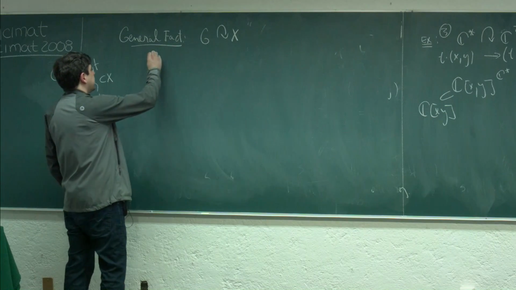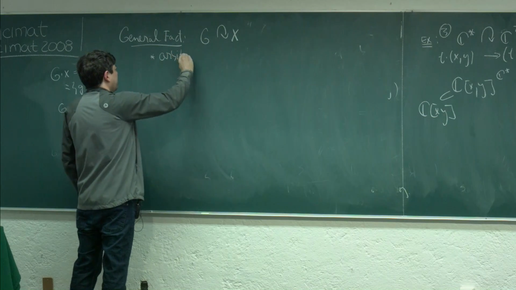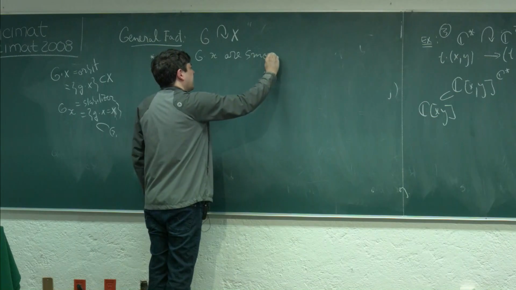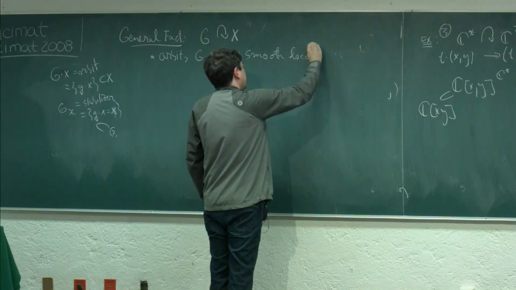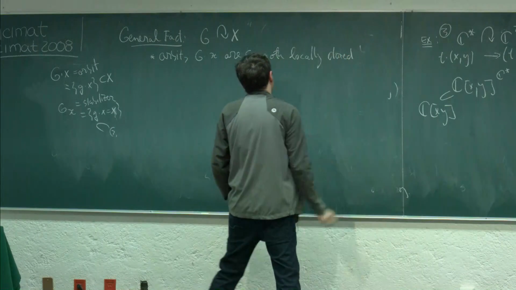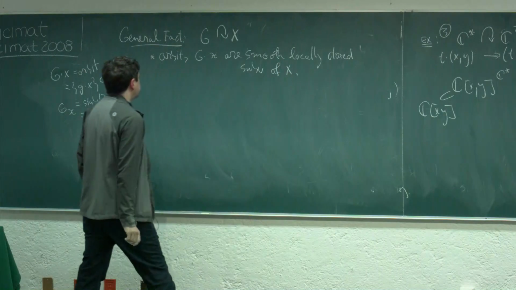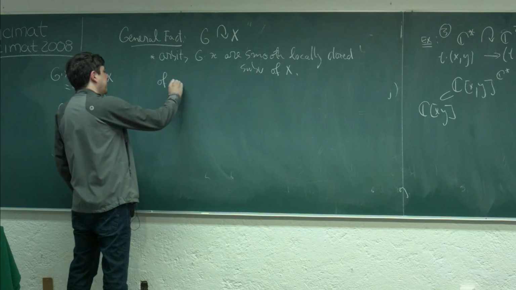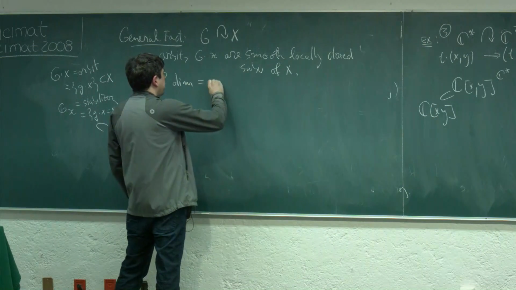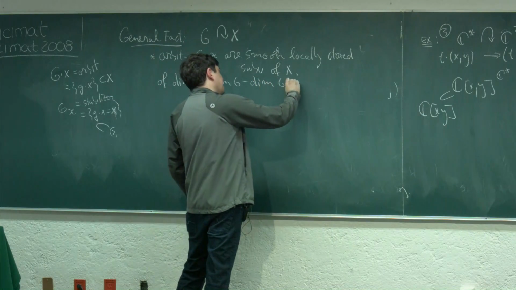Okay, so what is the statement? First of all, the orbits G dot x are smooth, locally closed subvarieties of X of expected dimension, of dimension equal to the dimension of G minus the dimension of the stabilizer.